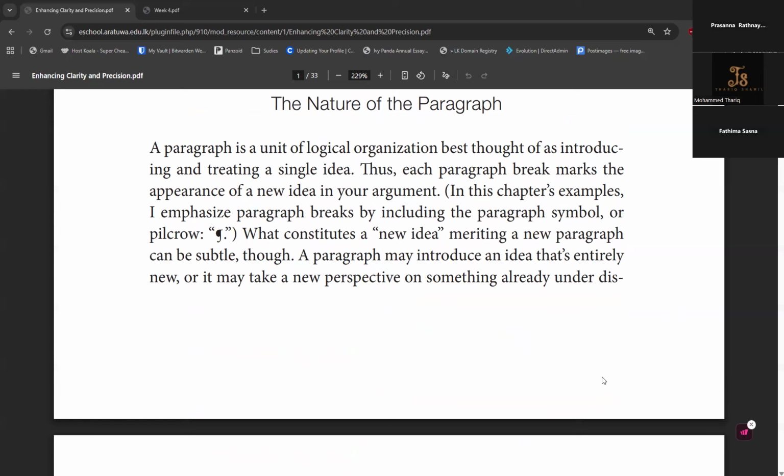A paragraph is a unit of logical organization best thought of as introducing and treating a single idea. What is the unique nature of a paragraph here? You see, I read just one sentence.